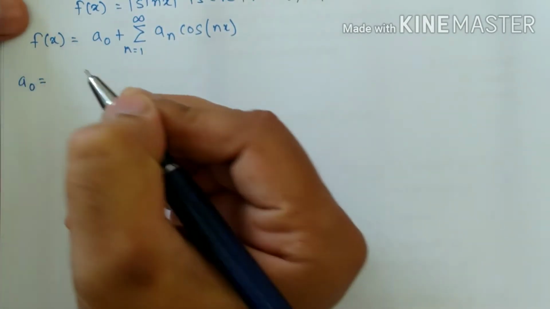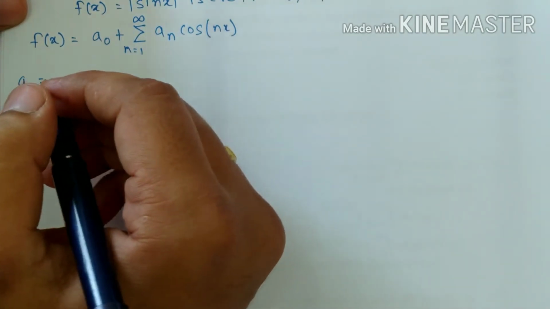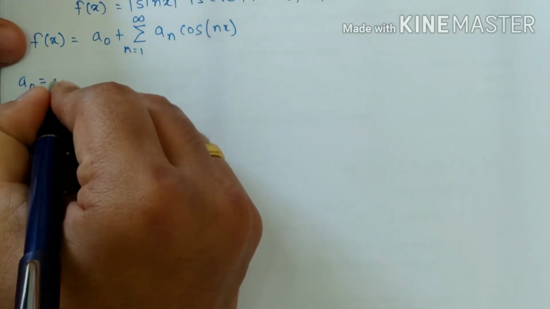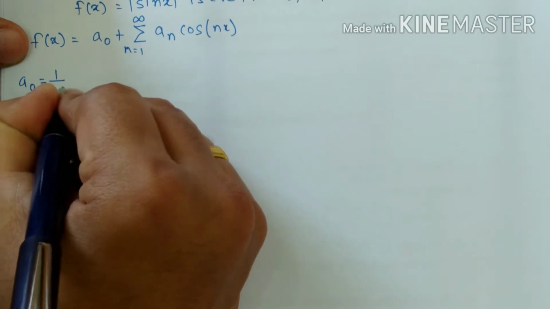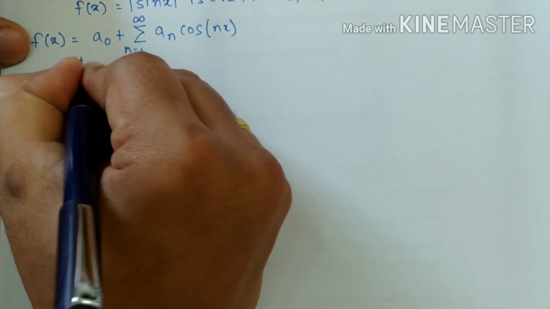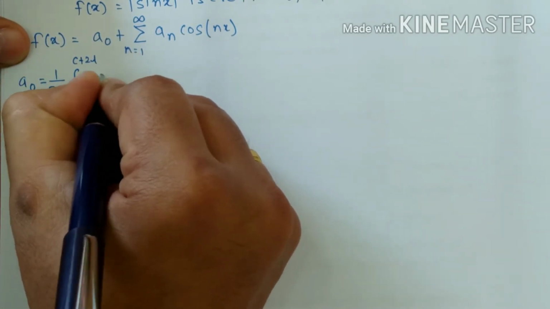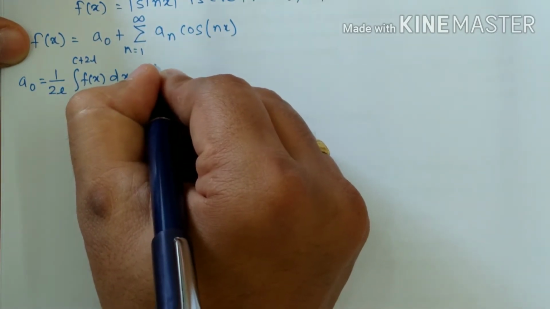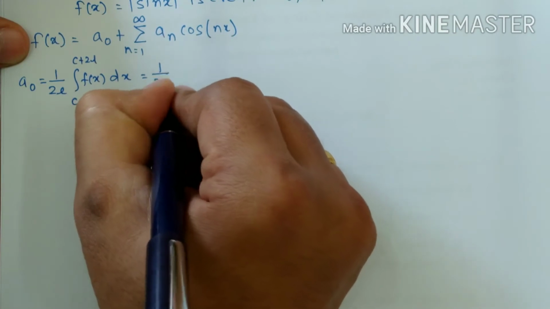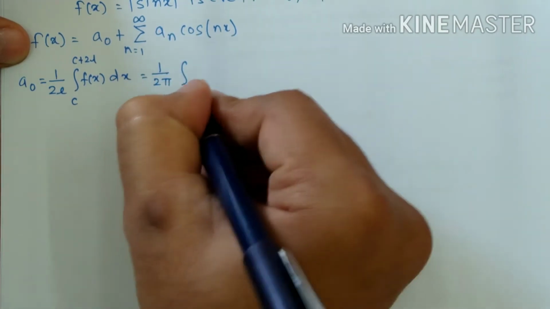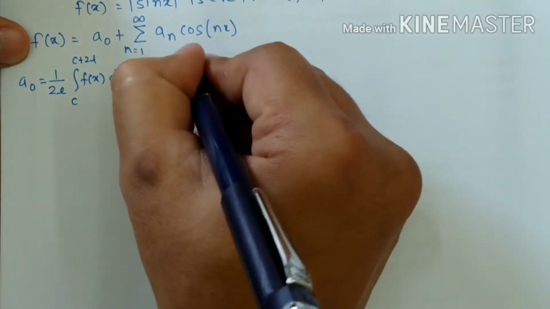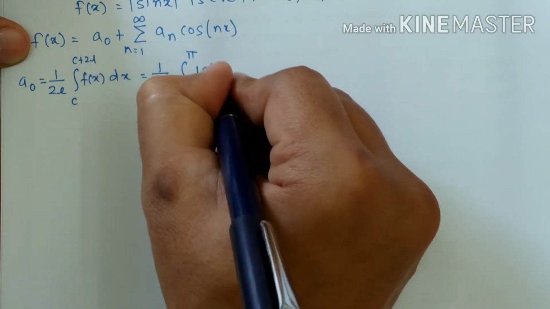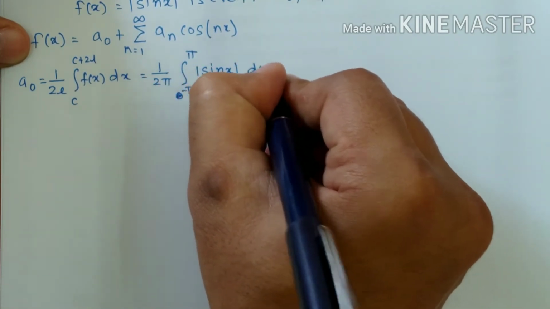So what is a0? The formula is 1 upon 2L integration from c to c plus 2L f of x dx. Substitute the values of L, f of x, c and c plus 2L. We'll have 1 upon 2 pi integration from minus pi to plus pi, f of x is mod of sin x dx.